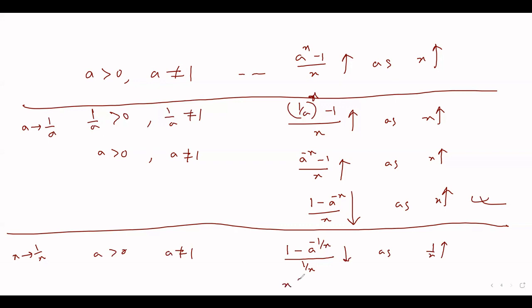This expression simplifies to x times 1 minus a to the power negative 1 over x decreases as 1 over x increases, and 1 over x increasing means x decreasing. So it would just mean if you increase x, then this expression would also increase. So this idea can be used to solve a very interesting problem, which is the last thing we are going to do in today's lecture.